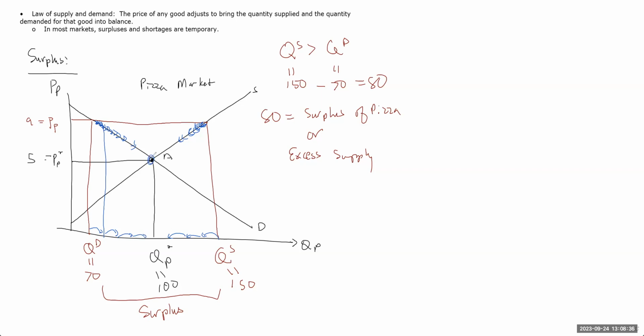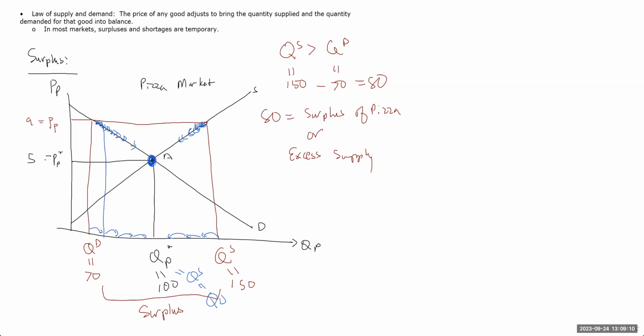And we continue until we hit point A, or equilibrium, where quantity supplied equals quantity demanded. When they are equal, there's no more incentive to lower the prices. The amount being sold exactly equals the amount being bought. The excess supply, or surplus, disappears. Remember, that's this horizontal gap. It shrank down to 0.